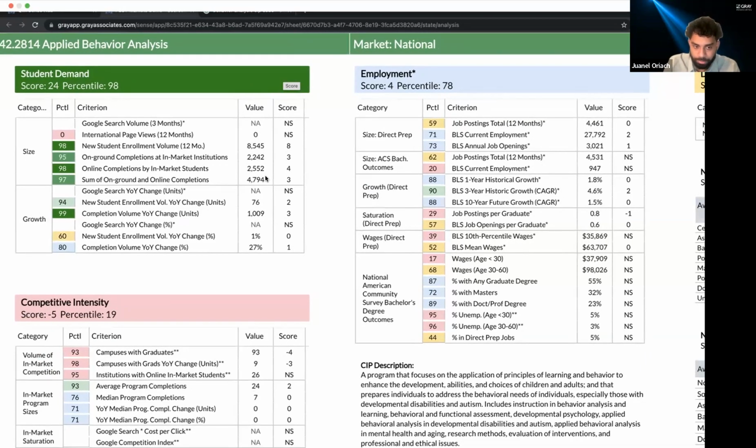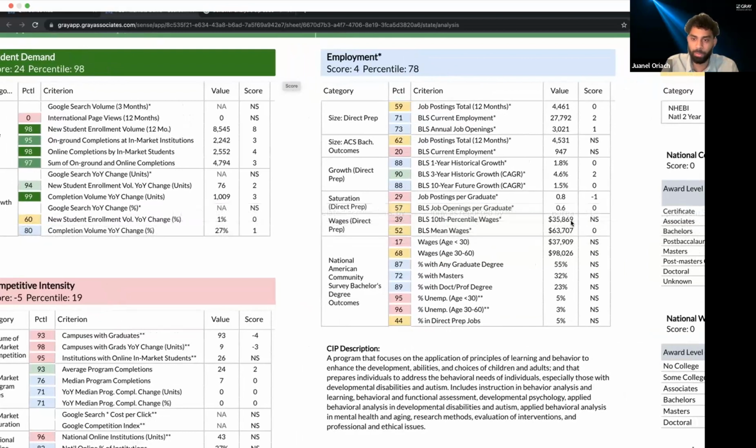Okay. When it comes to employment, I would probably immediately look at things like the wages here, 10th and mean wages here being at the 39th and 52nd percentile. The mean wage at 63,000 here, not attributing any points. 4,400 job posts.